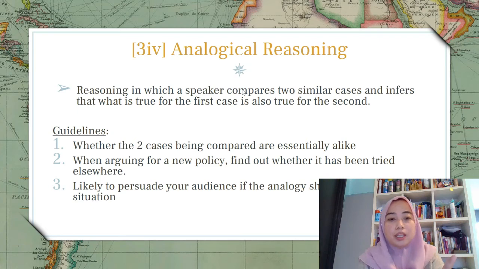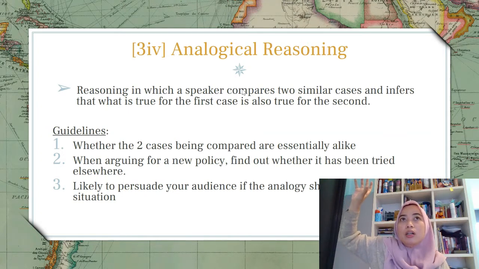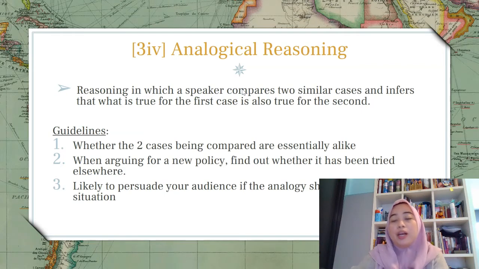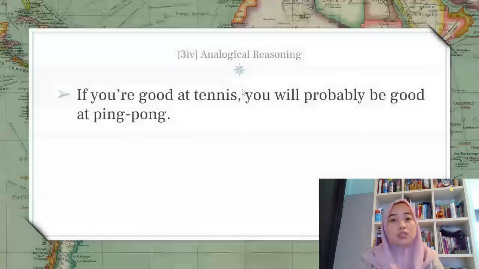Number two, when you want to argue for a new policy, you have to look at a country or a place that has tried the policy before. And this is very important because you want to see the implementation of it itself. Then lastly, it is very likely for you to persuade your audience if the analogy is able to show a true parallel situation itself.